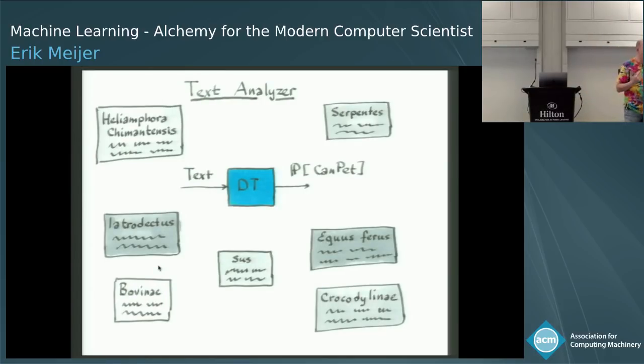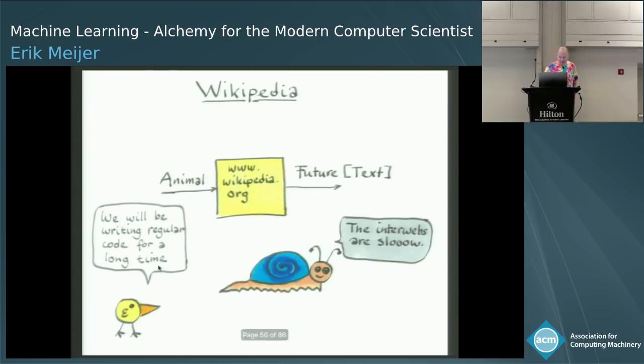You give it a description of the animal and it will predict whether you can pet it. People can think of this as a spam filter. It tells you this animal is safe or not safe. We know how to do this. All our email uses spam filters. This is just another form of spam filter.